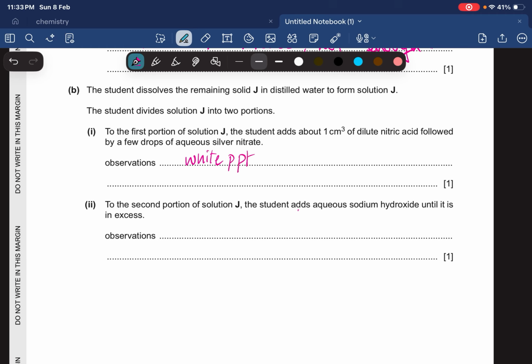To the second portion, the student adds excess aqueous sodium hydroxide. You have learned that ammonia changes the precipitates, not sodium hydroxide, right? If he had added ammonia, the white precipitate would have dissolved. But for sodium hydroxide, no change is going to occur. Stick with the basics.